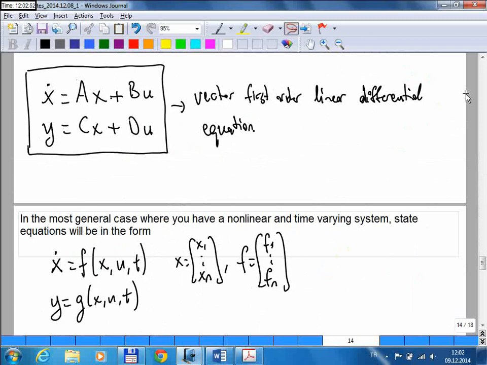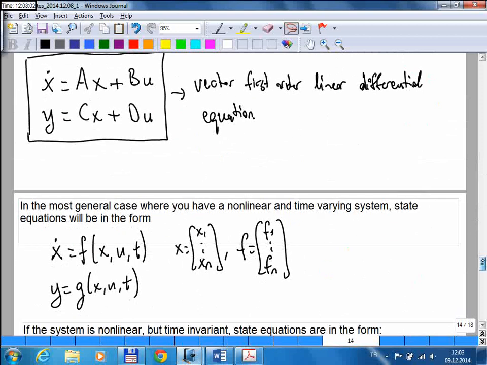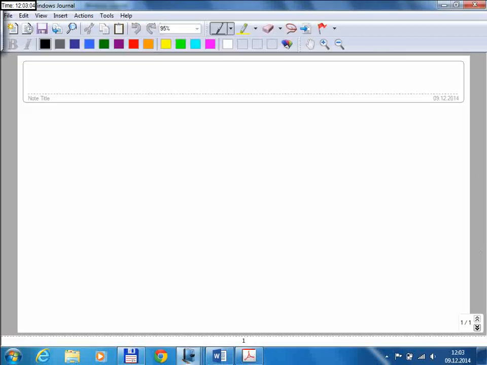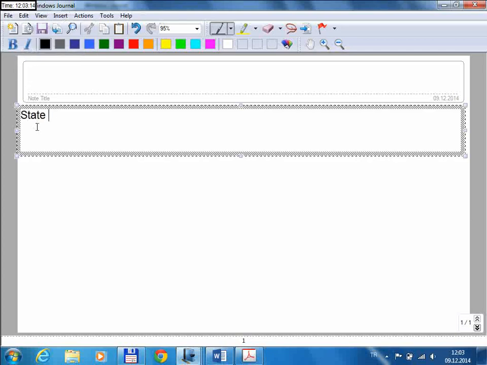Okay. So, as you know, state space representation can be used for both nonlinear and linear systems.